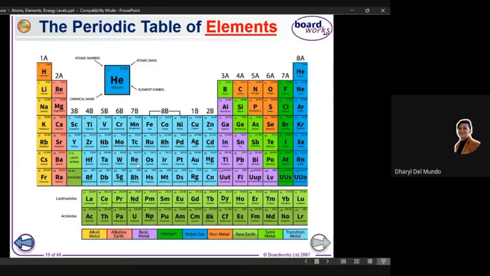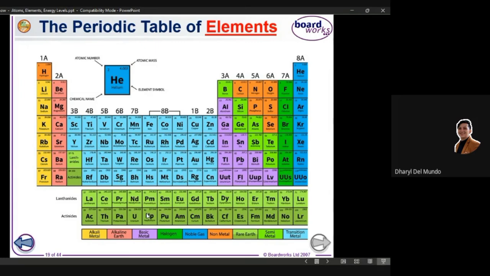Alright, and as well, look at the bottom of it, we have the lanthanide series and the actinide series. Actually, they are located here, but since they do not fit in this part, they just put them at the bottom so that they will have their own identity because they share the same properties.